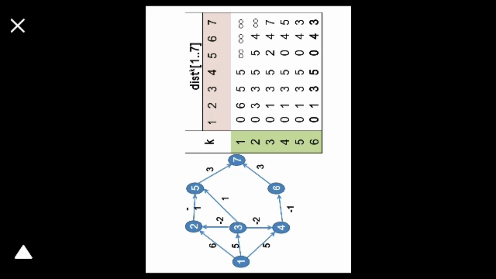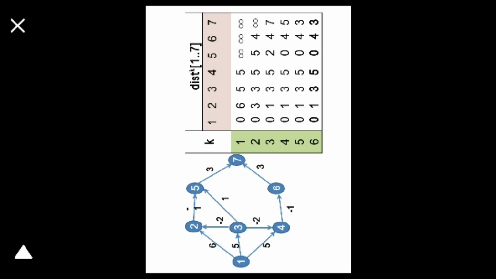So the sixth row contains the same values, 0 1 3 5 0 4 3, same as our fifth row. So now we have completed our Bellman-Ford algorithm, and we got the shortest distance from source to all other vertices.